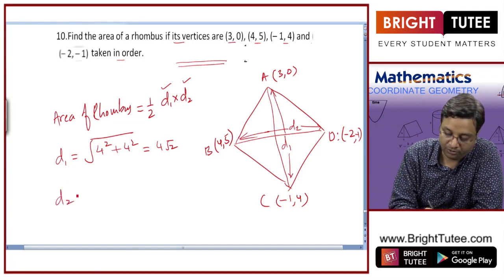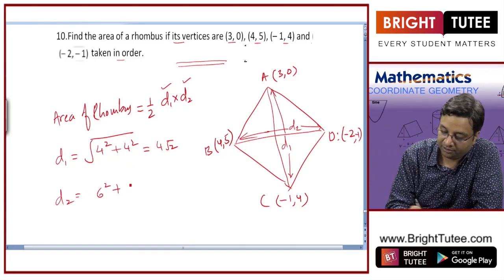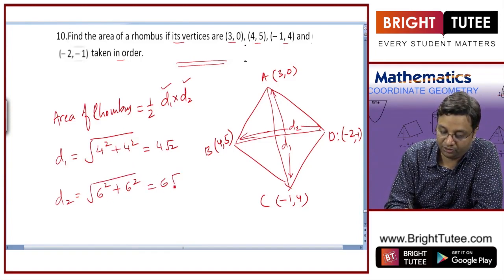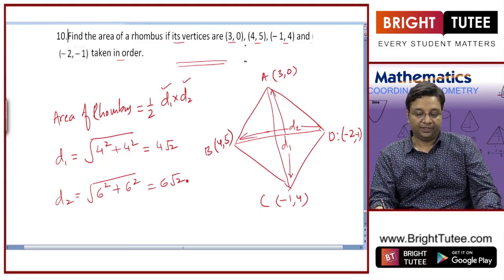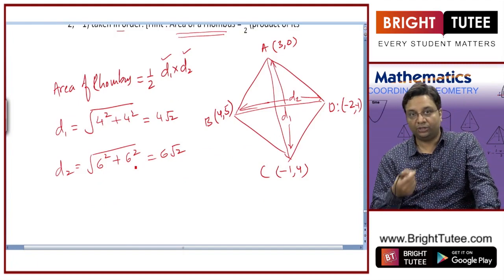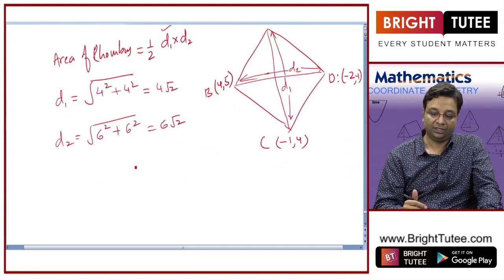So what will be D2? D2 will be the difference of x coordinates, 4 minus minus 2, 6 squared, plus 5 minus minus 1, 6 squared. So this is 36 plus 36, which can be written as 2 into 36. So 36 can be taken out as 6, and it will be 6 root 2.